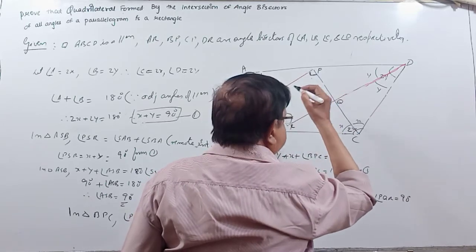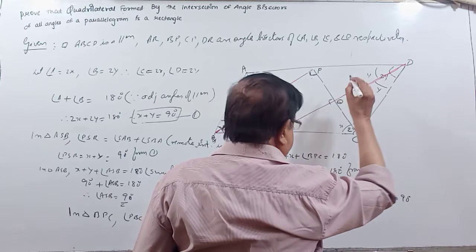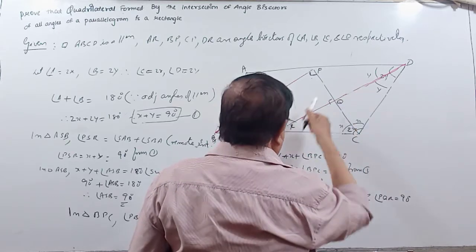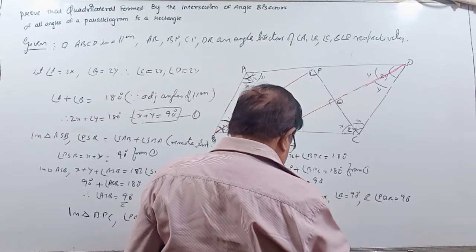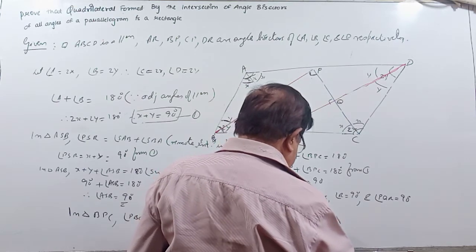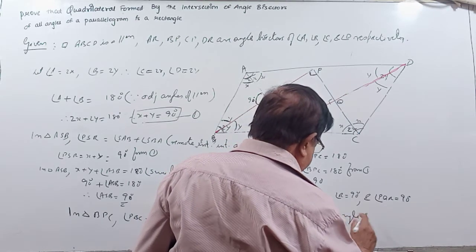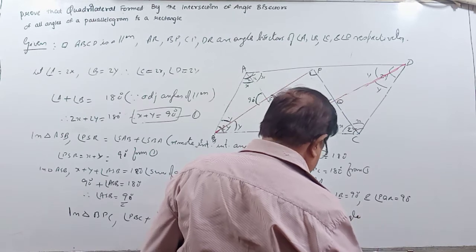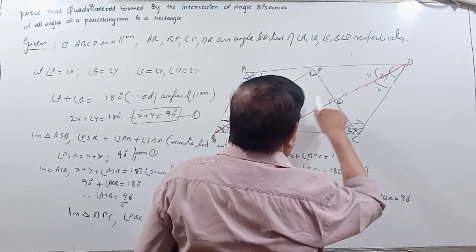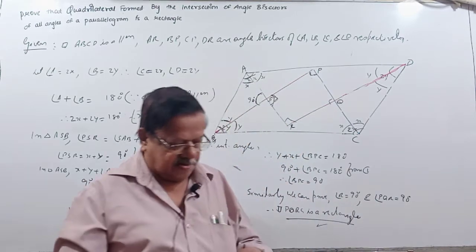By the same method we can prove this is 90 degrees, this also 90 degrees. All angles are 90 degrees. Therefore, quadrilateral PQRS is a rectangle, because all angles are 90 degrees. This is 90, this is 90, this is 90. Therefore, it's a rectangle. Okay.